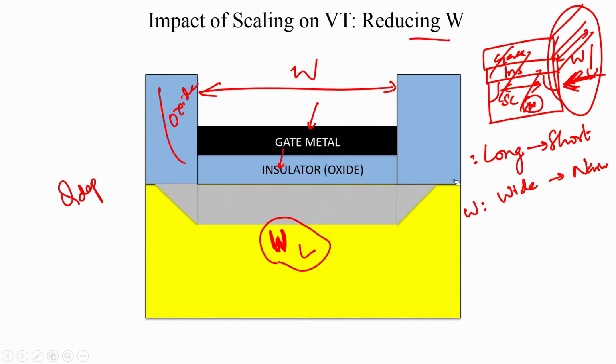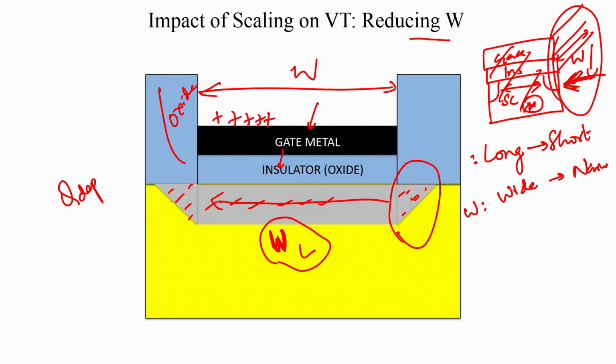This excess charge is not really contributing too much to the behavior of the MOSFET, but it is simply that if you add some charge on the gate, you are going to end up not only depleting this region, but also unintentionally depleting the regions on the sides because of the fringing of the fields. Now, for a very wide device, this extra work done really does not make any difference. It is a very small percentage of this total channel width. So, this W dash is a very small percentage of W.